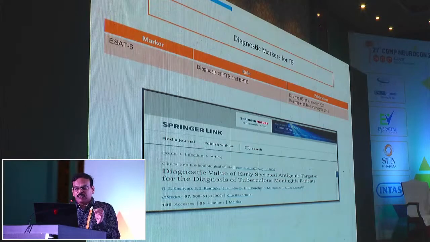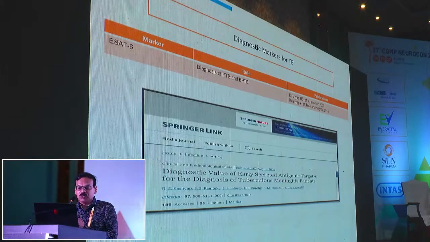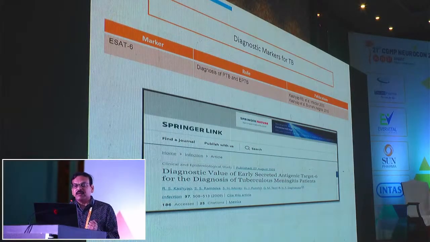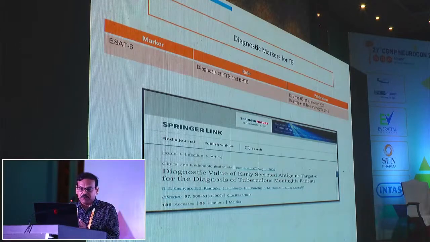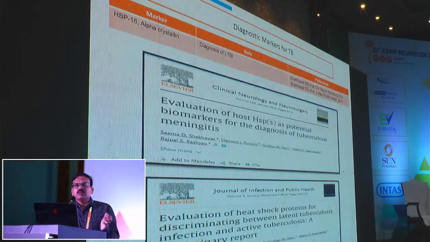Then it was thought that antigen 85 complex could be a bovine antigen, and so we also looked at early secretory antigen target 6, which is seen with Mycobacterium tuberculosis. We found positivity of around 80%. Then we looked at other host biomarkers, heat shock proteins.